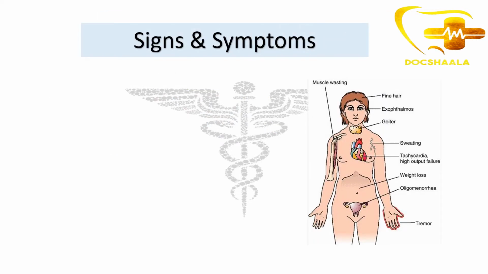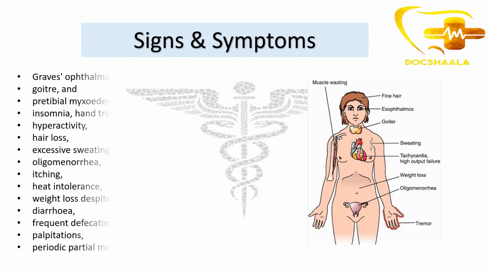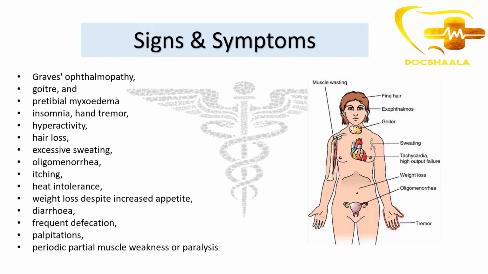Coming to the signs and symptoms, the signs and symptoms of Graves' disease are very much similar to hypothyroidism. Here you can see in this image muscle wasting, fine hair, exophthalmos, goiter, sweating, tachycardia, weight loss, oligomenorrhea, tremor. These are some signs. Graves' ophthalmology is an important sign. Goiter is also an important sign. Pretibial myxedema is also an important sign.